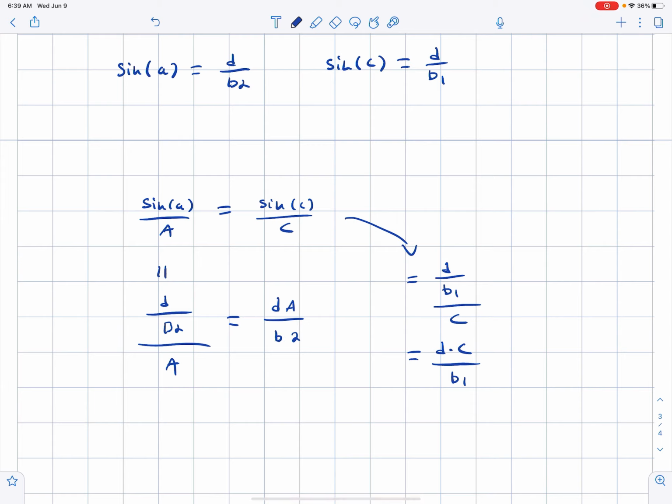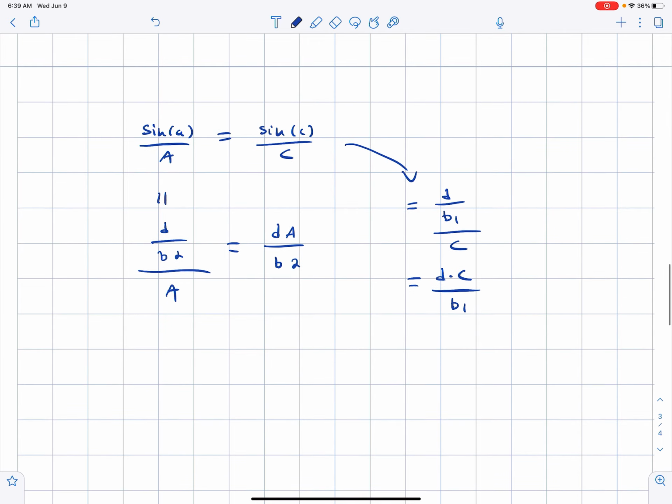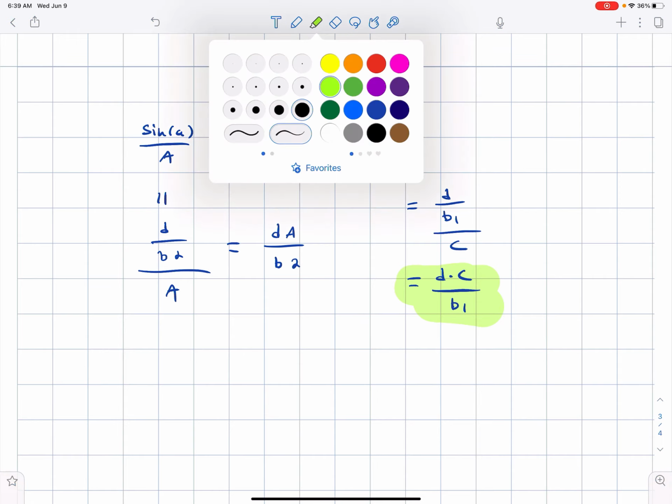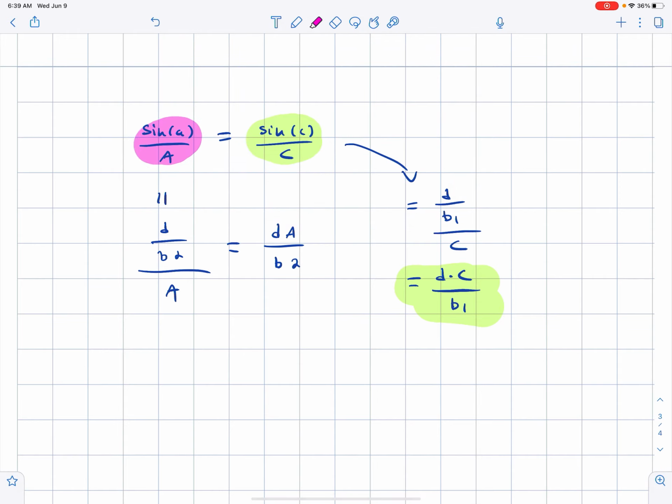This is supposed to be little b2 and little b2 over there, just in case everyone was confused by that. Hopefully it wasn't too disorienting. Okay, so I get sine of little c over C is D times C over B1, and sine of little a over A is D times A divided by B2.